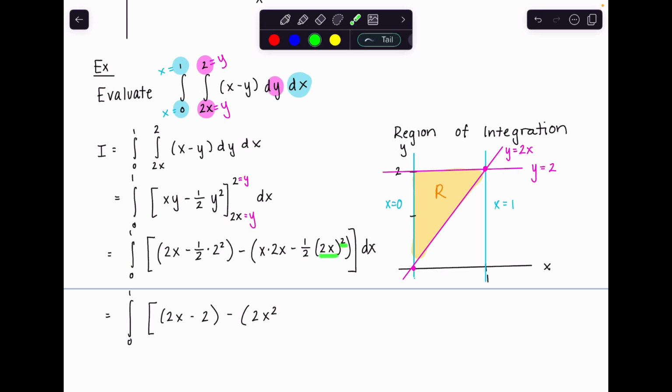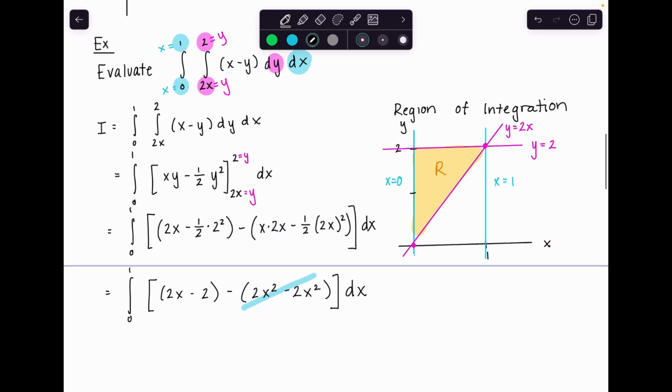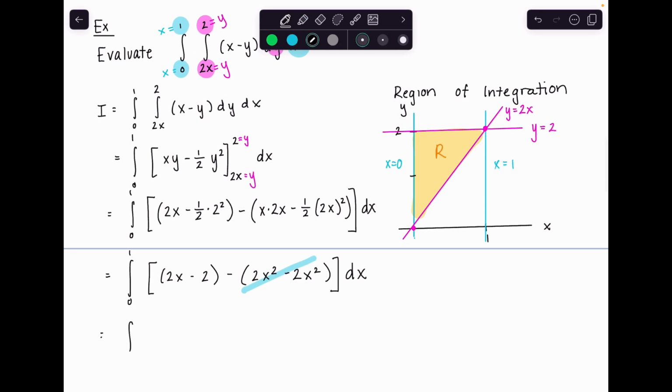Then 2x squared is 4x squared times 1/2 really gives you a minus 2x squared, which is super nice because these just cancel. So that is gone. So really we're just finding the integral from 0 to 1 of 2x minus 2.